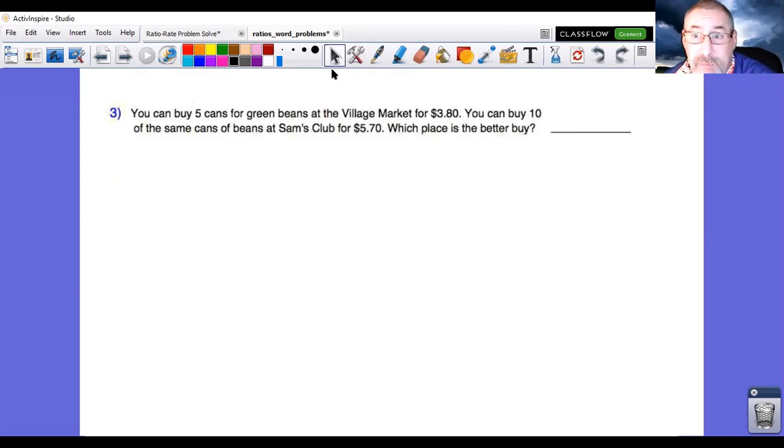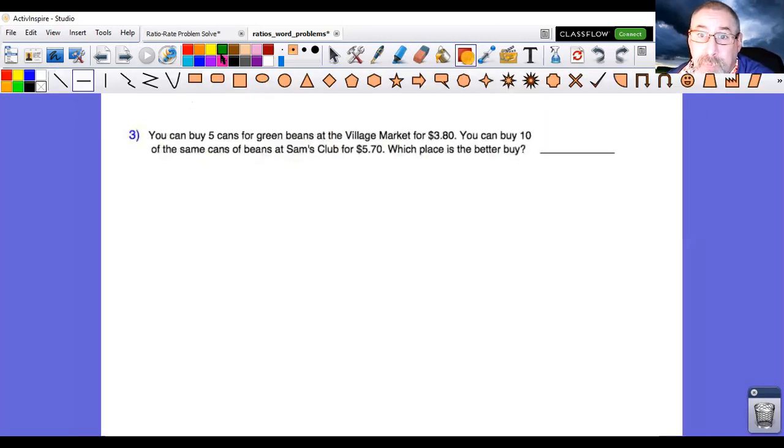So you can buy 5 cans of green beans at the village market for $3.80, or we can get 10 cans at Sam's Club for $5.70.